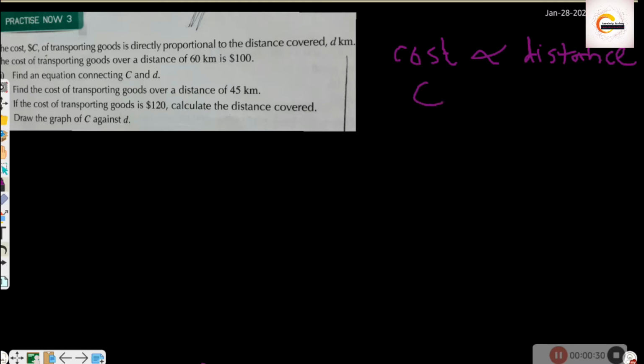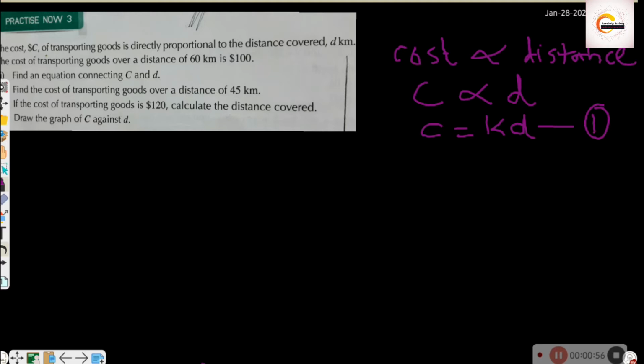Now cost we know is directly proportional to distance. So we know from the relationship of direct proportion that C is equal to K into D. Let's call it equation number 1. So from part 1, find an equation connecting C and D.